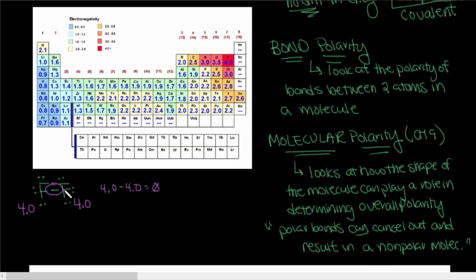The electrons are going to be right smack dab in the middle of the bond. There's going to be even electron cloud distribution. If you wanted to look at it like this, like here's one nucleus and here's the other nucleus, the electrons are going to be evenly distributed around that molecule. That is a non-polar bond.